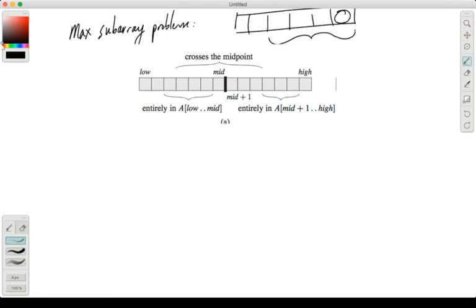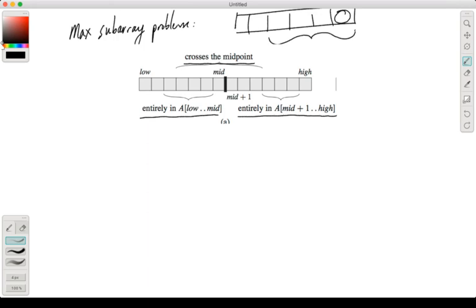We know that the max subarray is either going to be entirely in the lower half of the array, or entirely in the upper half of the array, or it's going to cross the midpoint. Now that's kind of a duh moment, right? But it's going to be one of those three things.